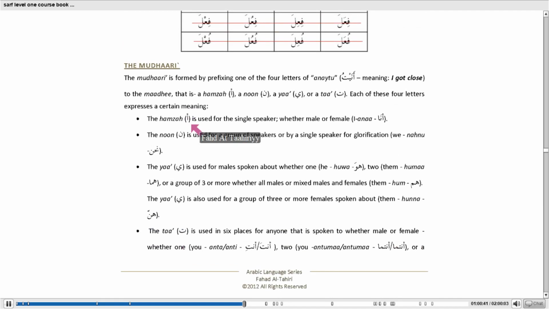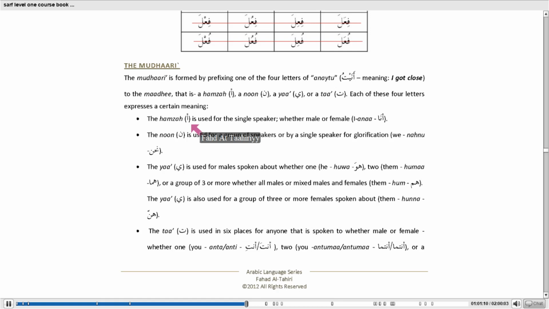What does daraba mean? It means he hits. What does shariba mean, the verb that we also took? Shariba means he drank. What does akala mean? Akala: he ate. Okay, etc.